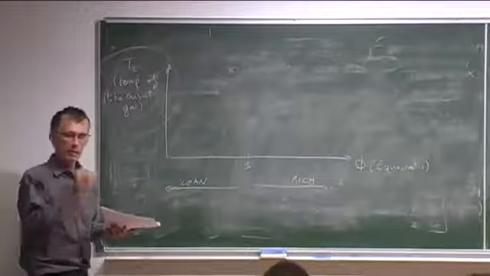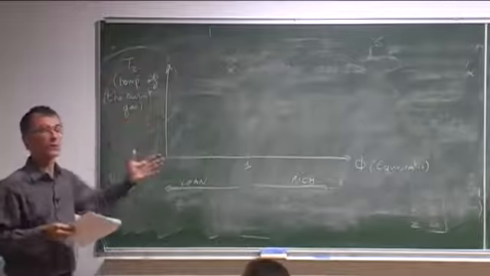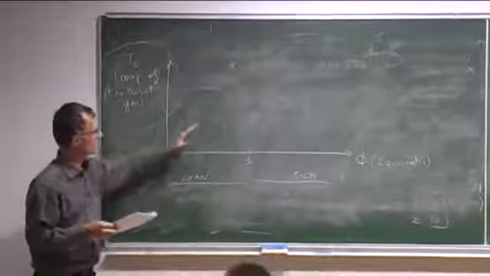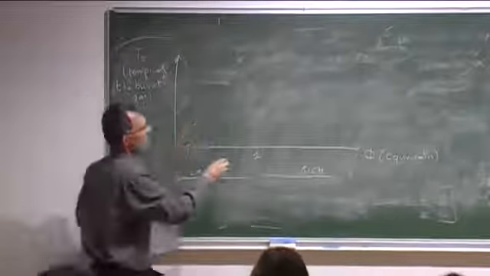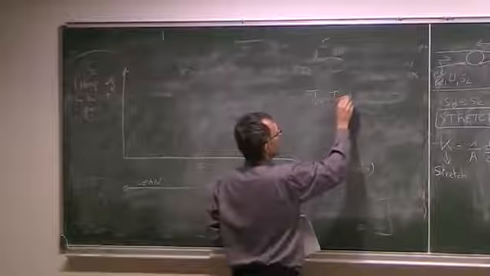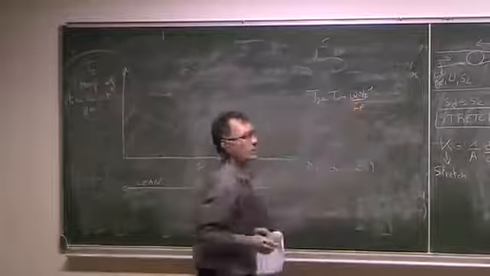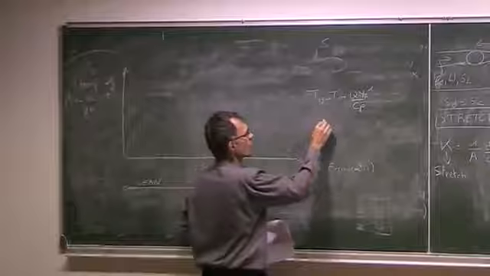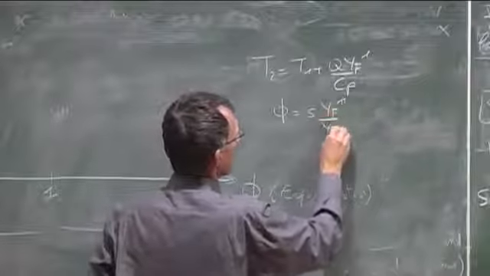A very important thing is how does the maximum temperature T2 change with the equivalence ratio? Well, you know that, at least in this case. Remember, for very lean flames, we have proved that T2 is equal to T1 plus Q YF1 over Cp. Now the equivalence ratio phi is s YF1 over YO1.